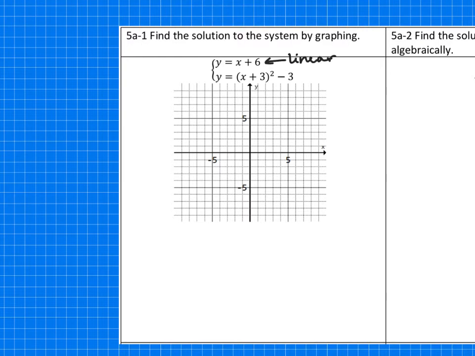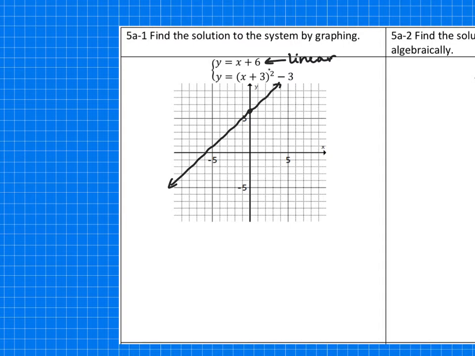So that one has a y-intercept of 6 and a slope of 1, because the x with no coefficient is just a 1. So I'm going to go up 1 and over 1 as carefully as I can without having a ruler. If I were on a sheet of paper, I would totally use a ruler for this, but now I'm just giving you a squiggly line.